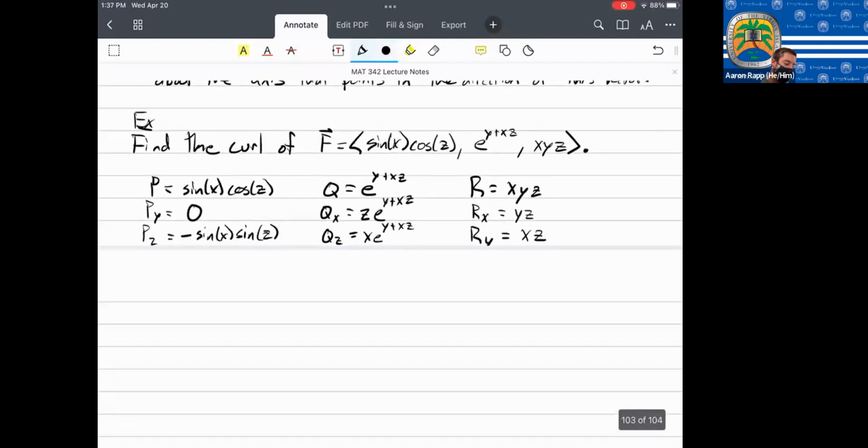So the x component is going to be, well, I take the partial of the z component with respect to y, ry, and subtract it from the partial of the y component with respect to z.